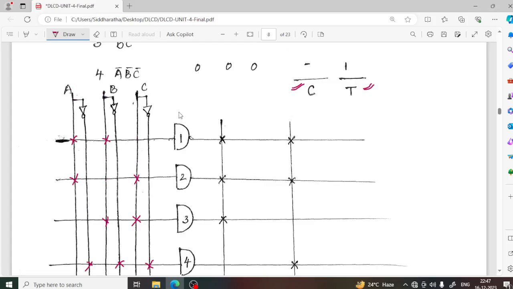Let the number of inputs be n, the number of AND gates be k, and the number of OR gates be m, right? So in terms of n, k, m, what is the total number of fuses?